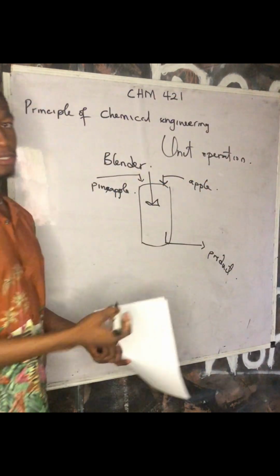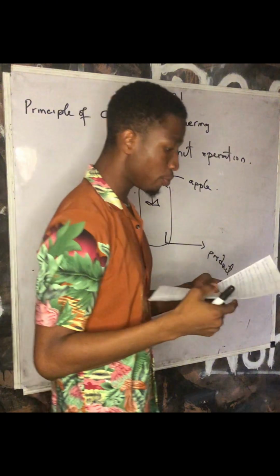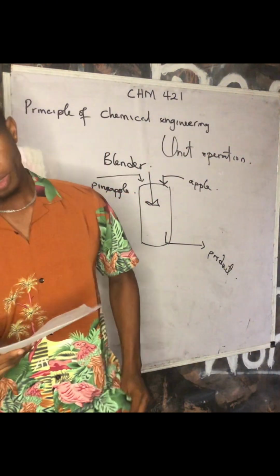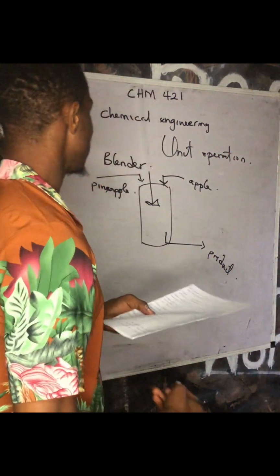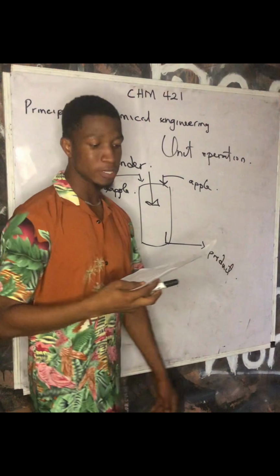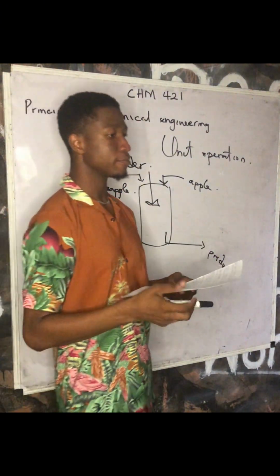The operation is blending, so it's called a unit operation. What is a unit operation? Unit operations are the stages or the steps involved in the transformation of a material into a product.